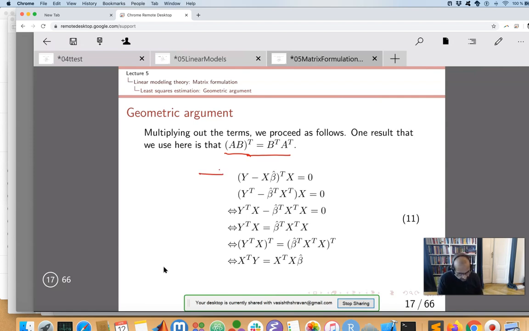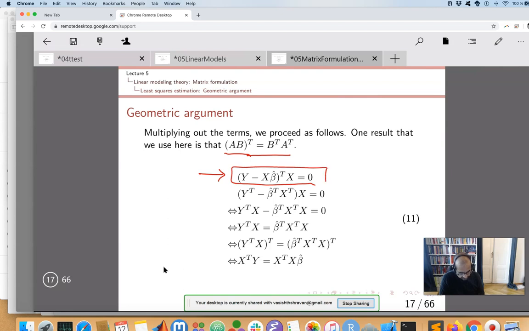So I was at the point where I have the epsilon vector, y minus x beta transpose, and I had multiplied that with the x beta matrix and said that the end result is 0 because these are perpendicular to each other. Now I'm going to unpack this equation.